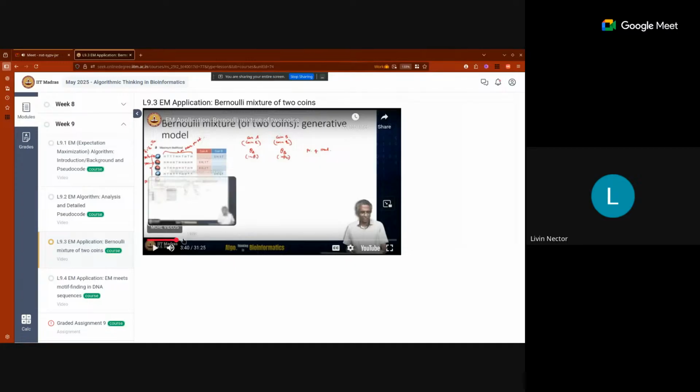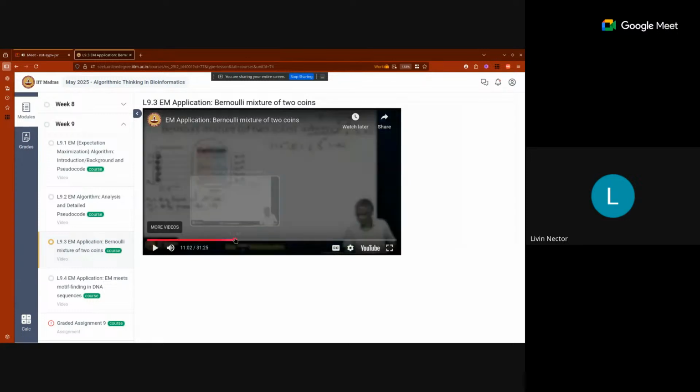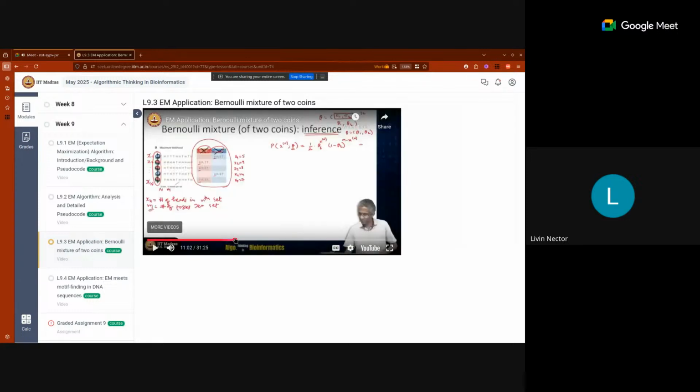So we randomly assume this. So this is the probability of x equal to n given theta. Here theta is theta 1 and theta 2, right?